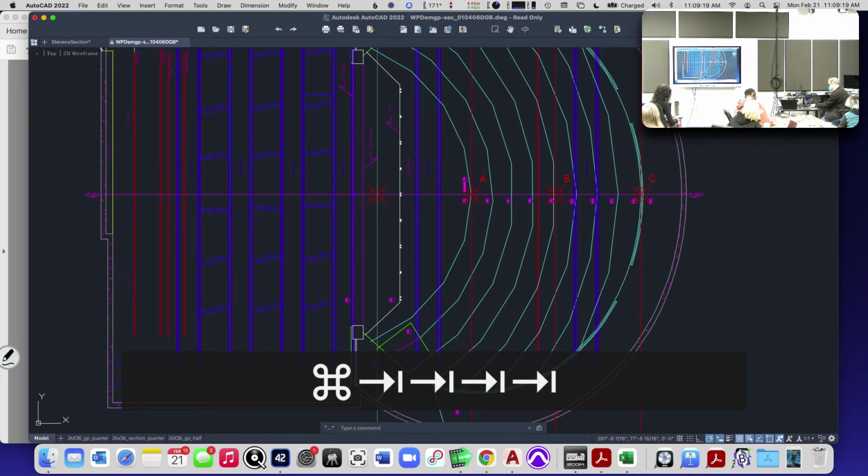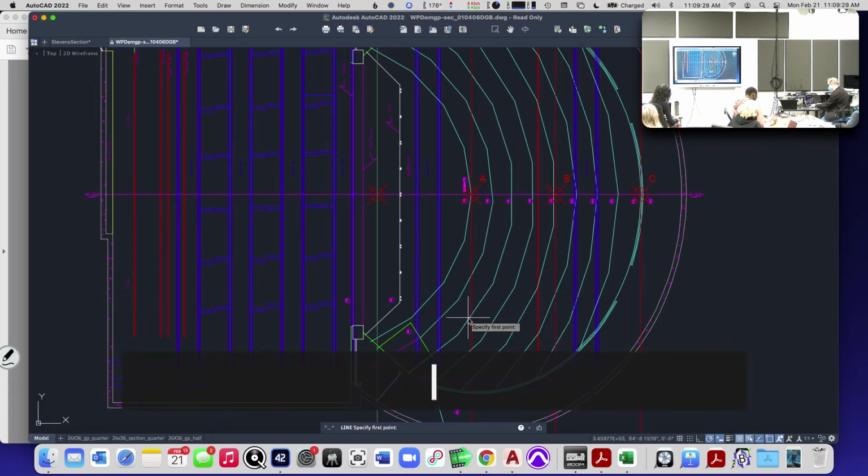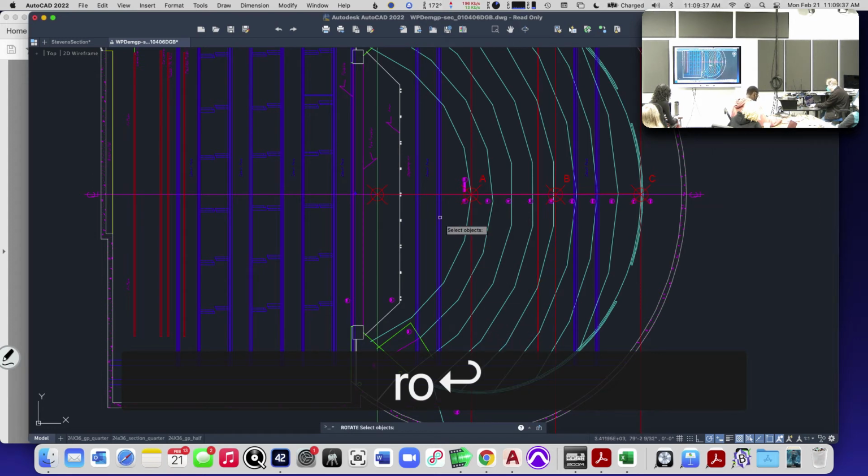So let's figure out a 45-degree angle. Let me turn on my polar tracking. I'm going to draw myself a line there, and I'm going to rotate it.